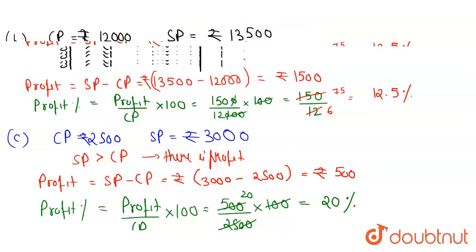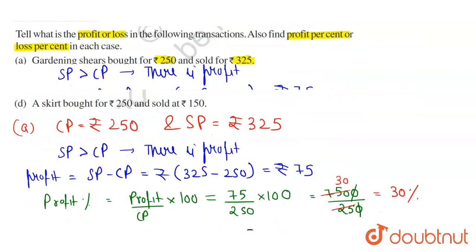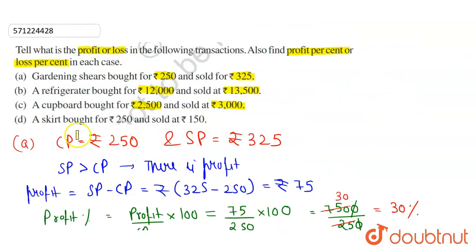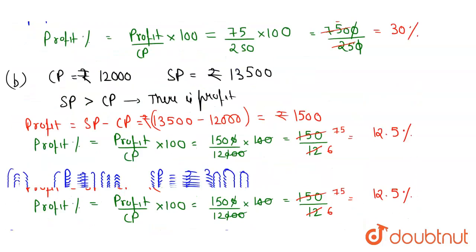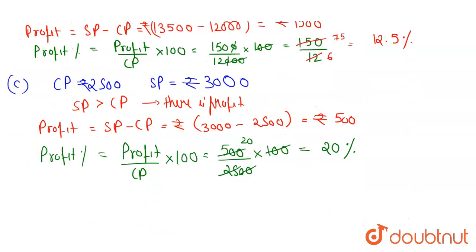Now in the fourth part, it is given to us that a skirt was bought for rupees 250 and sold at rupees 150. So the buying price of 250 is our cost price and the selling price is rupees 150. So here we are solving the D part.